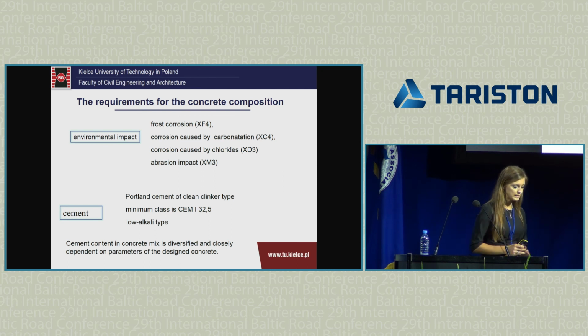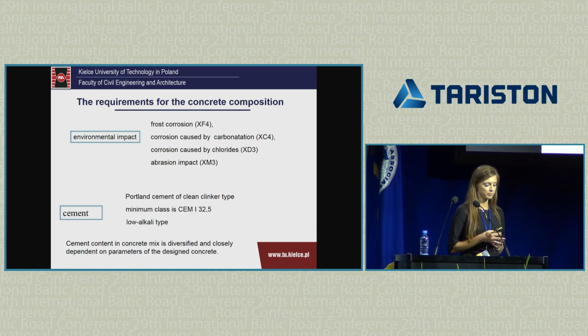There are requirements for airfield pavements and parameters which they should be resistant to, in terms of environmental impact. This impact includes frost corrosion, corrosion caused by carbonation, corrosion caused by chlorides, and absorption impact.